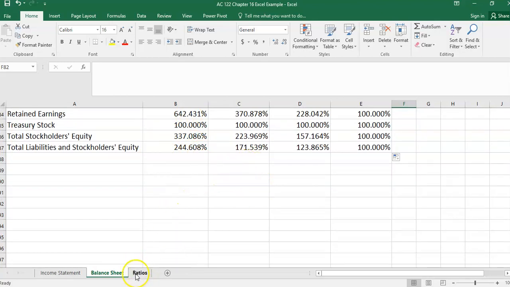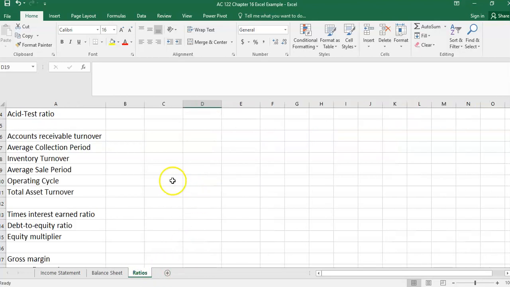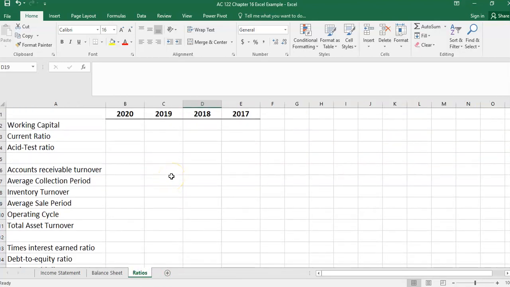The last analysis that we do is ratio analysis. There's a PDF in week 14, in the chapter 16 information on my.Wartburg, that has information about all of the ratios from the chapter, what they measure, and the formula to calculate them.